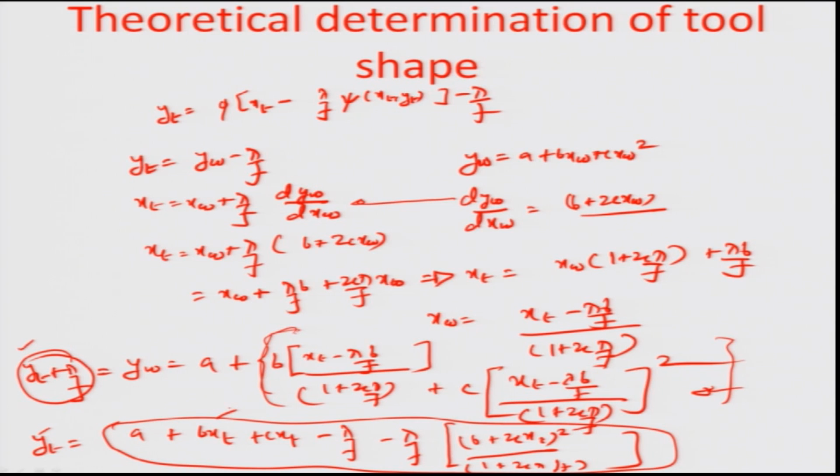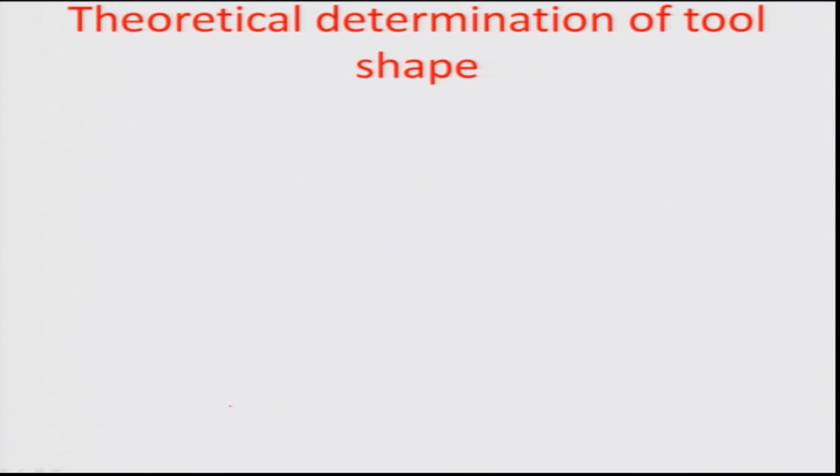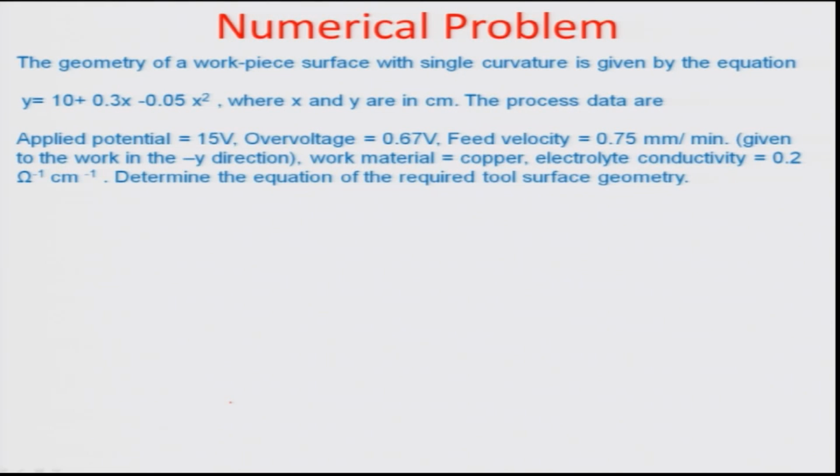Let us look at the overall problem for the sake of theoretical clarity. There is a geometry of the workpiece surface with a single curvature, given by the equation y equal to 10 plus 0.3 x minus 0.05 x square, where x and y are both in centimeters.